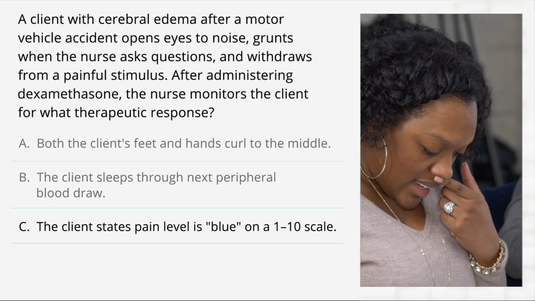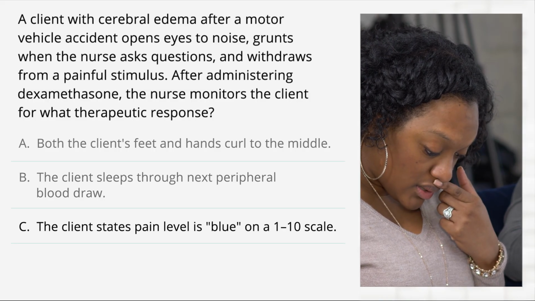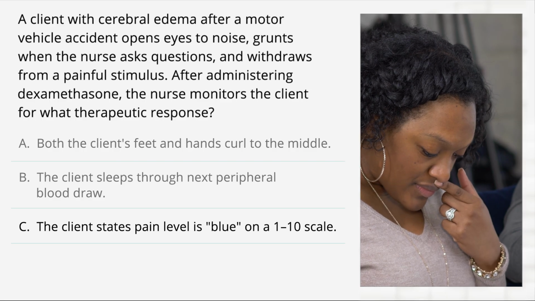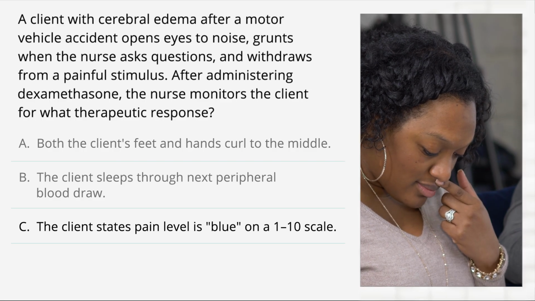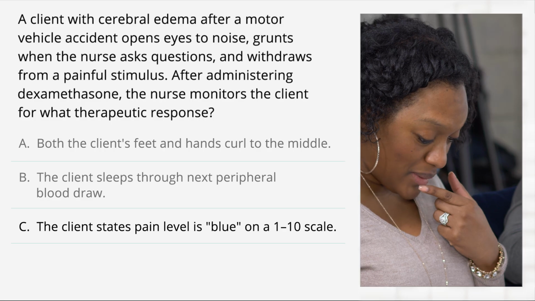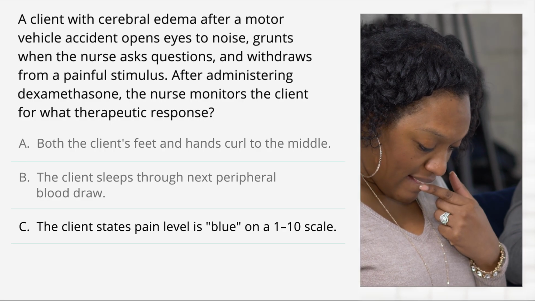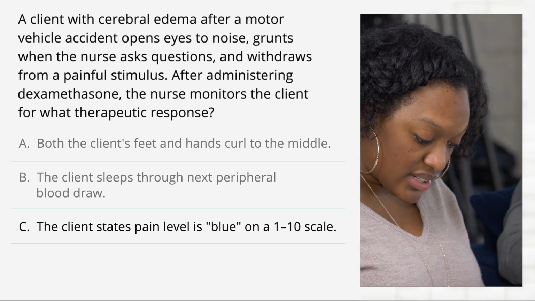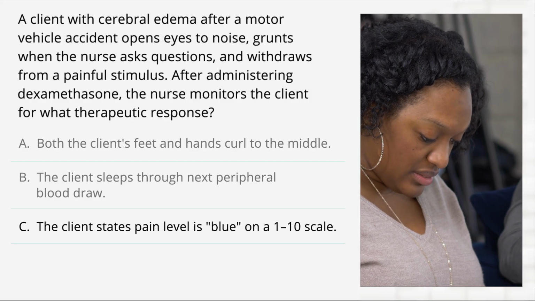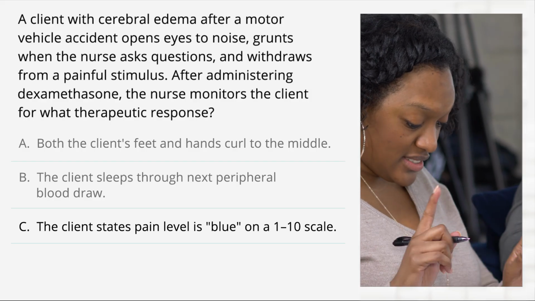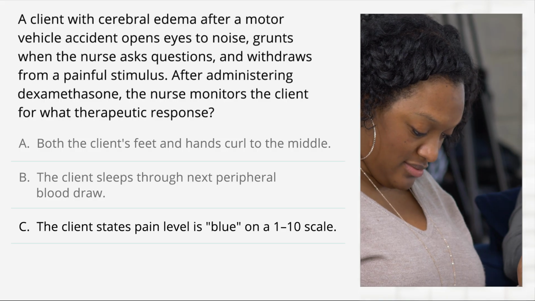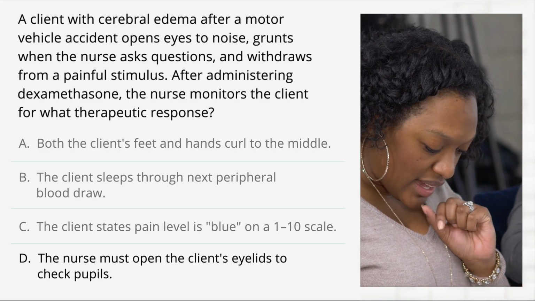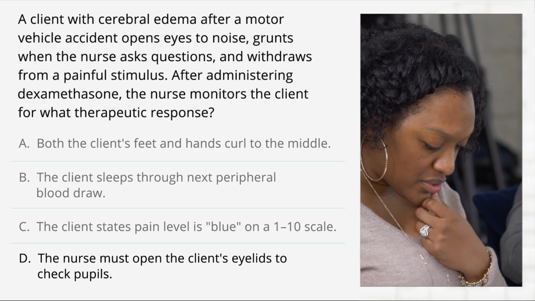The client states pain level is blue on a 1 to 10 scale. Well, blue is not on a 1 to 10 scale, but the client is speaking now versus grunting. So that's something that's different. That's a change. So I'm going to put a star by that. The nurse must open the client's eyelids to check pupils.